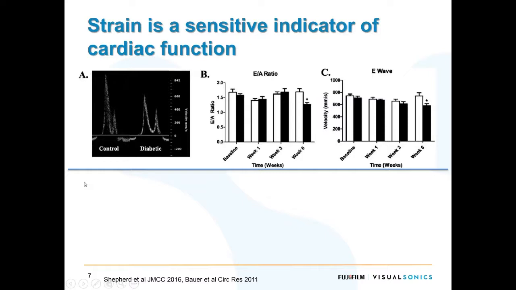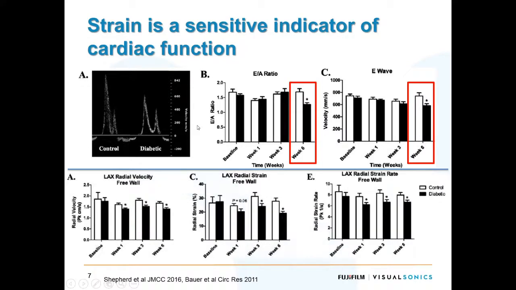paper shows a diabetic model. And when you look at diastolic function, which tends to also be earlier than systolic function in certain models, we can see that normal parameters of diastolic function, like the E to A ratio and the E wave, you see changes in there at about 6 weeks after induction of diabetes.